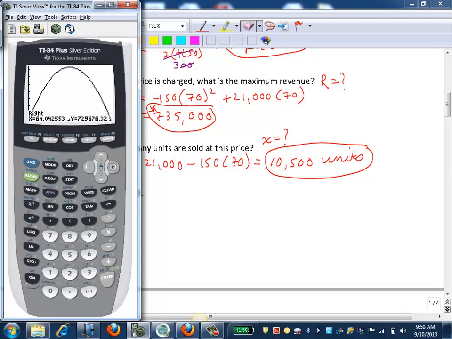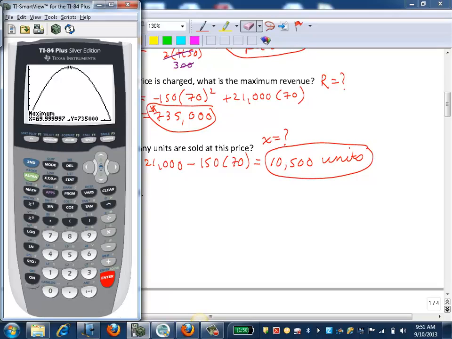Move it a little bit to the right, hit enter, and hit enter one more time, and we can see that we do get 69.9999999, and that's 70, and then 735,000 for our y value.